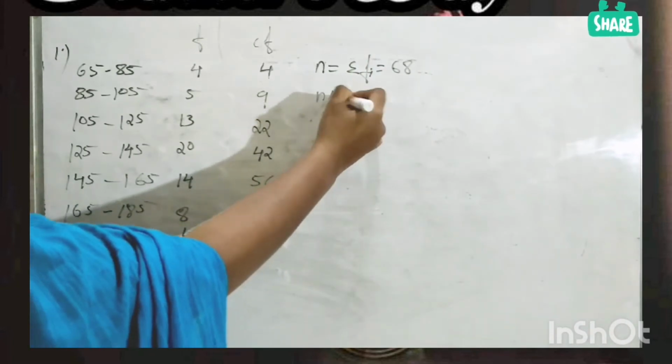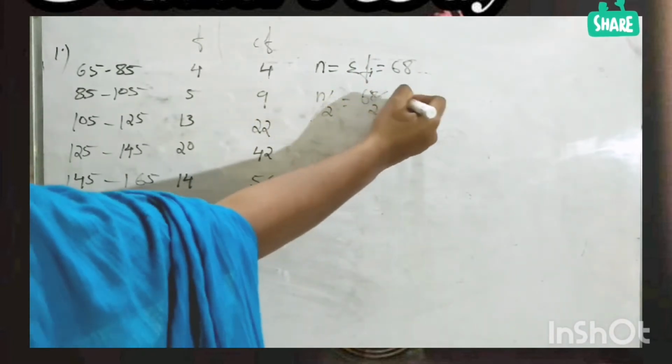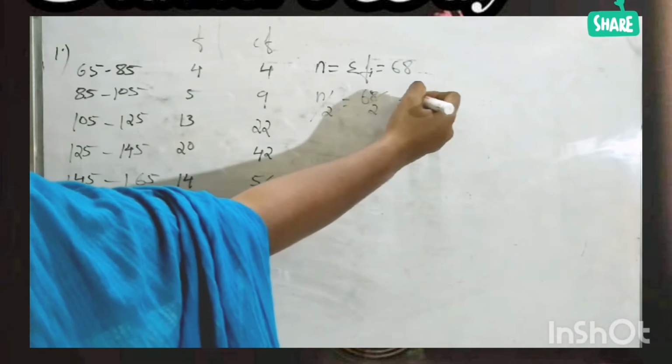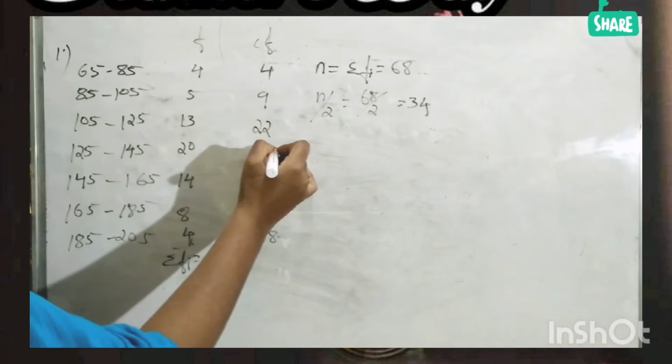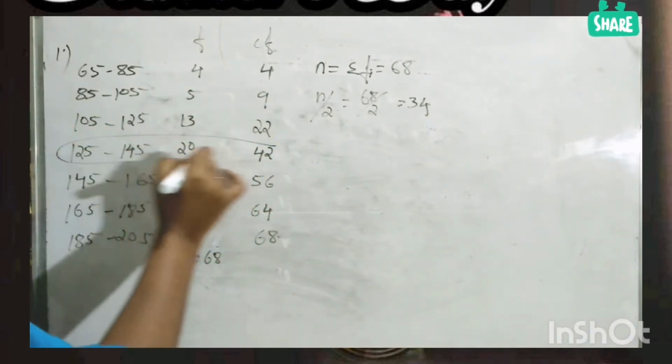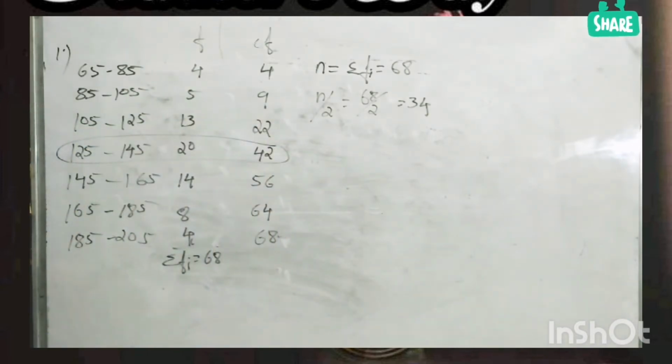So n by 2 equal to 68 by 2, it is equal to 34. Now just go through the CF column. We need to identify the class with the CF which is greater than and nearest to 34, that is the class 125 to 145. That is our median class.